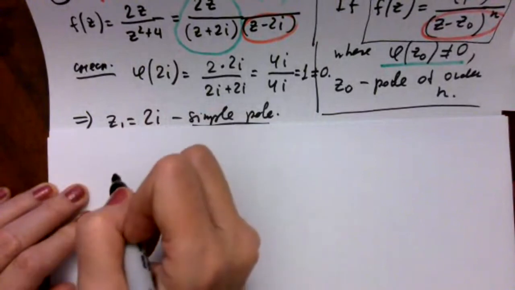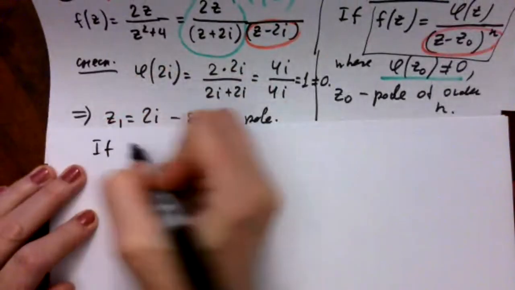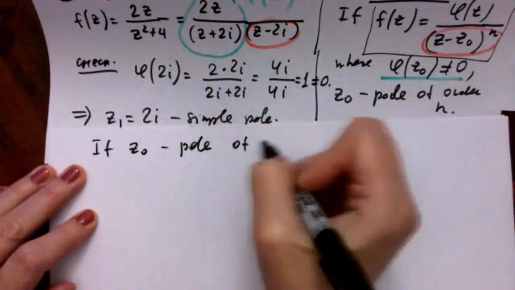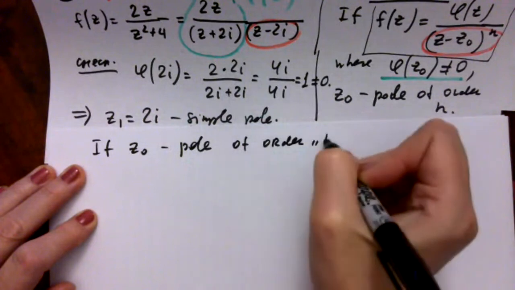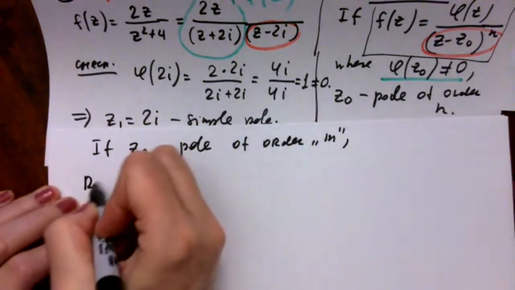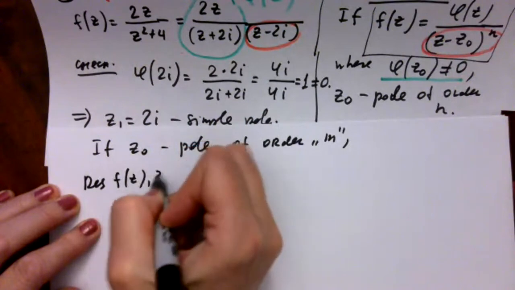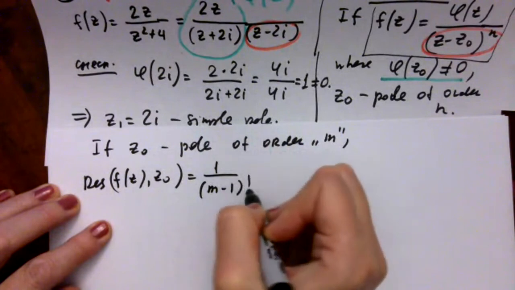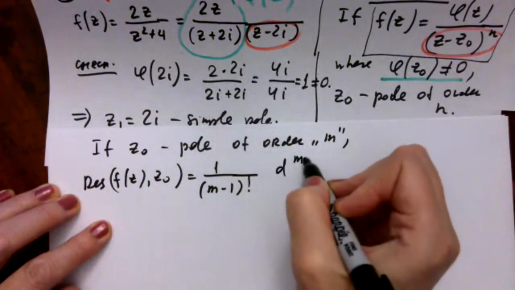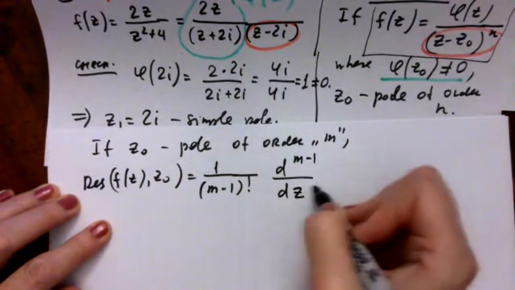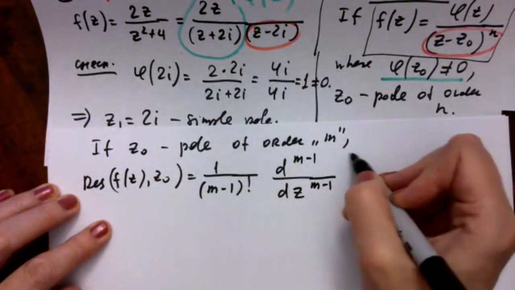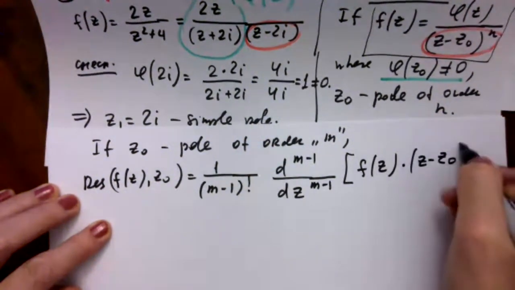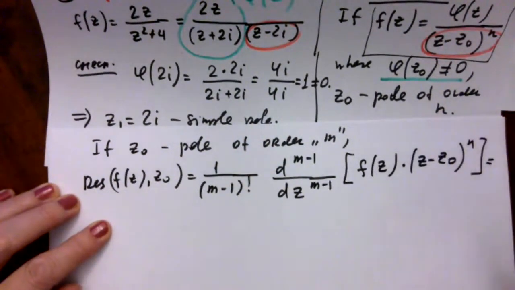Let me remind you of this formula: if z0 is a pole of order m, then you can calculate the residue at this pole using the following formula: 1 divided by (m minus 1) factorial, times the derivative of order m minus 1 with respect to z of the expression f of z times z minus z0 to the power of m.